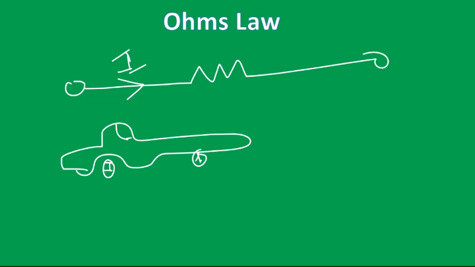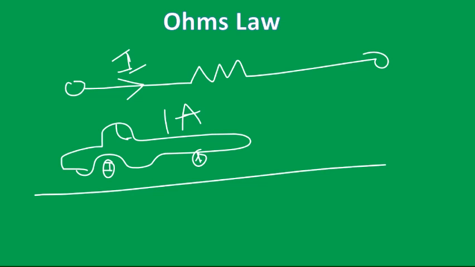Current is nothing but flow of electrons or charge. Let us say one charge is 1 ampere, and the car itself is our current, flowing on the road. These bumps or speed breakers are nothing but resistance, and when the car passes through the resistance, the car gets slowed down.